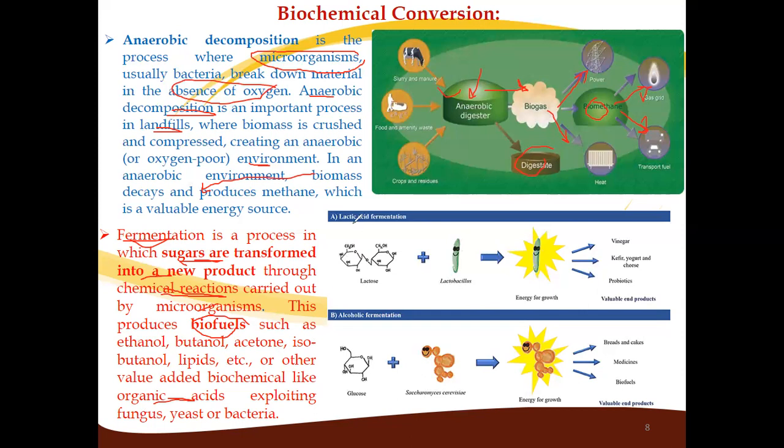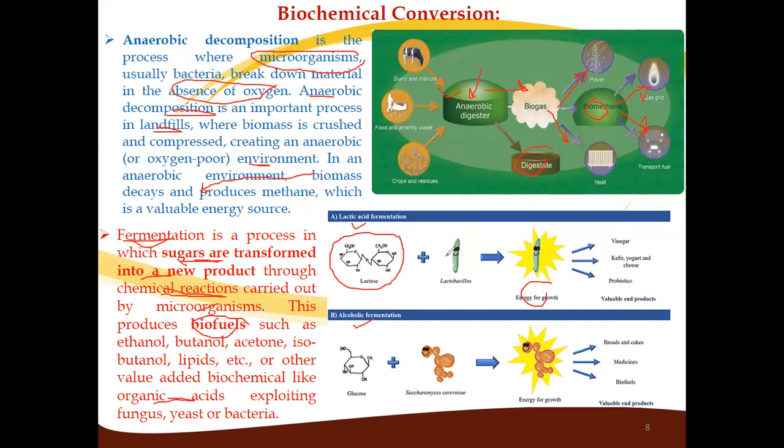So there are two types of fermentation. One is lactic acid fermentation, and another one is alcoholic fermentation. In lactic acid fermentation, we use lactose sugar, and that will convert into energy.